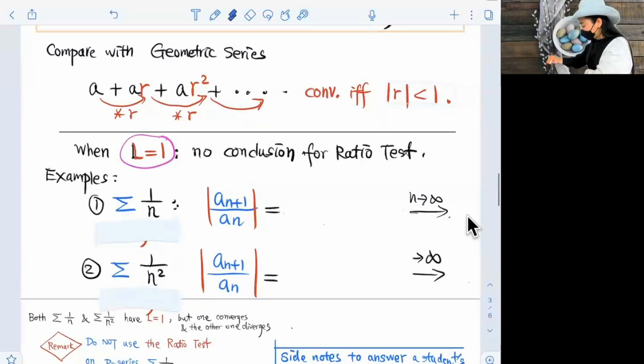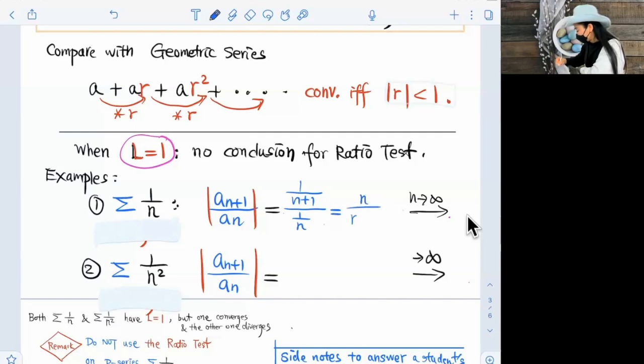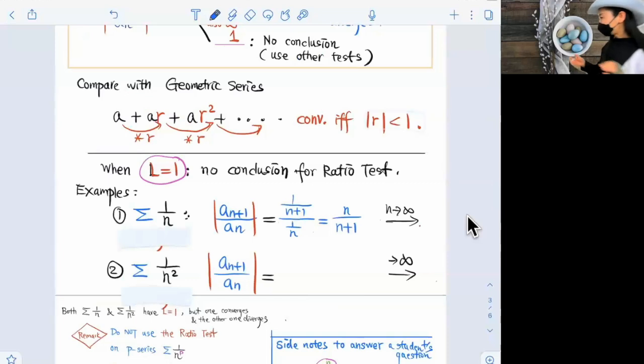For the first one over here, what's a_{n+1} over a_n? Let's work this out. Divide by 1 over n is the same as multiplying by n. So this is the same, equal to what? n. You got it. As n goes to infinity, what does it go to? Yeah, it goes to 1.